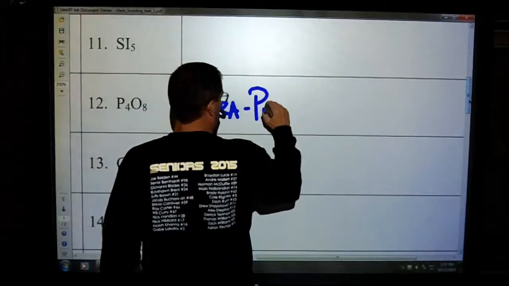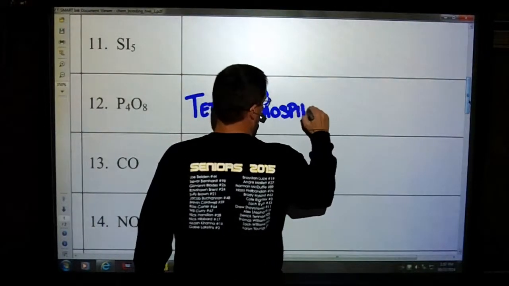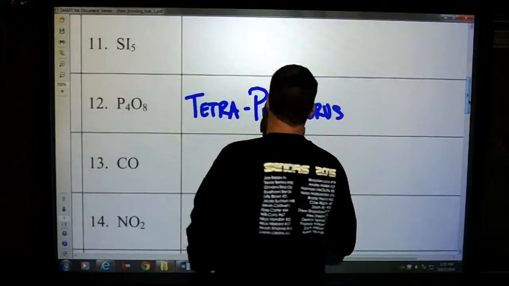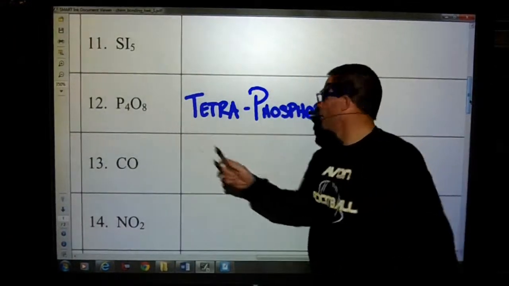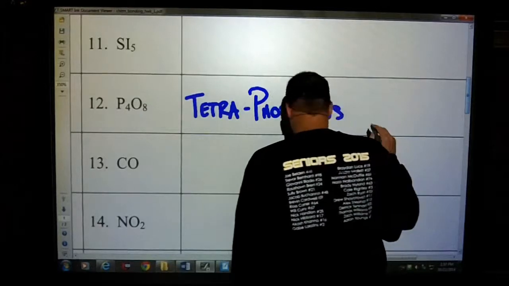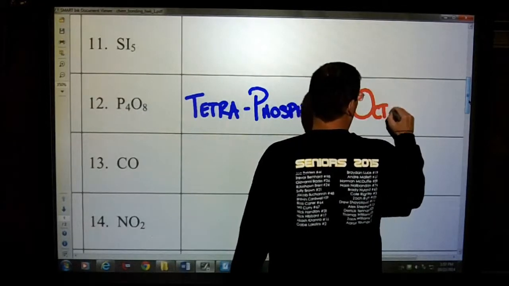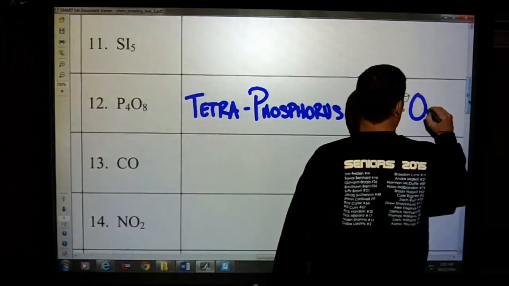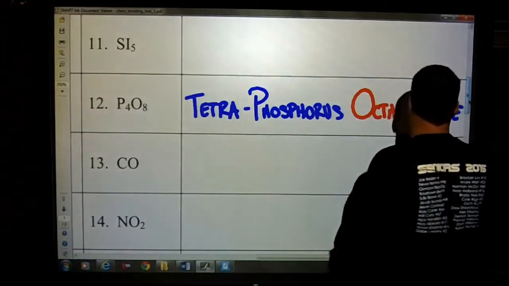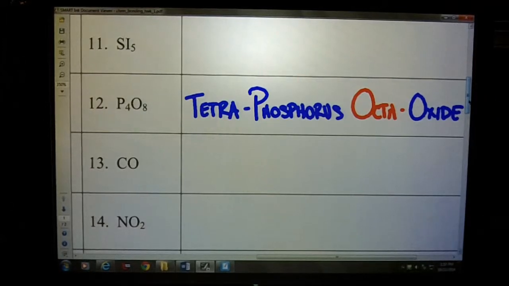So tetraphosphorus. Okay, so tetraphosphorus, and then we have an 8, which is an octa. And we have an oxygen, so an oxide. Okay. So tetraphosphorus octaoxide.